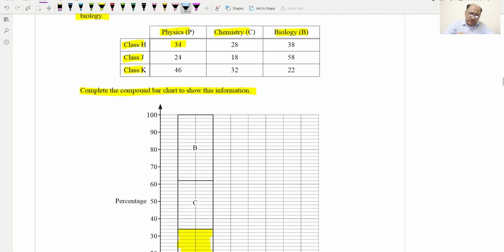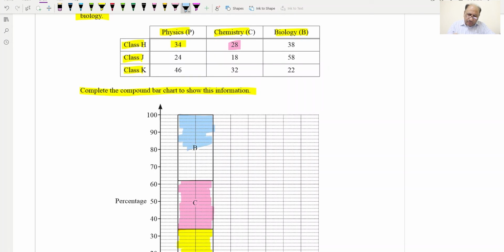Next is 28, and this area is 28, and next is biology, which is 38.